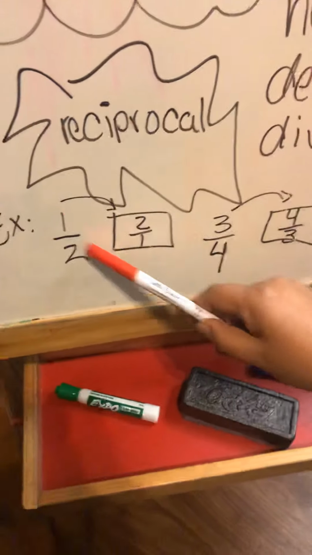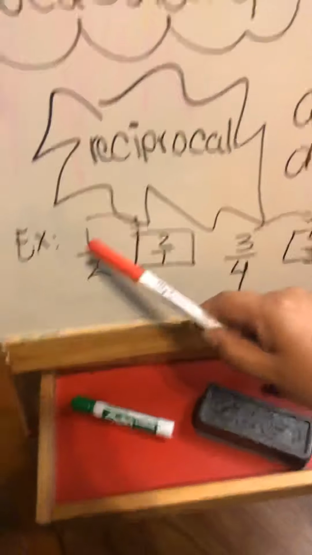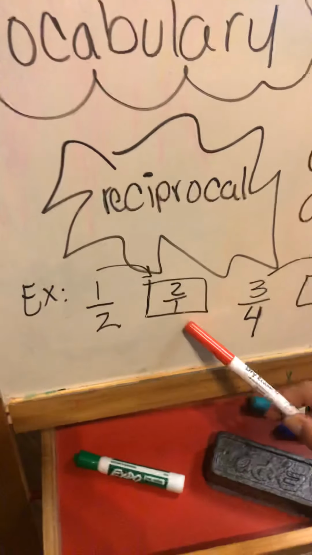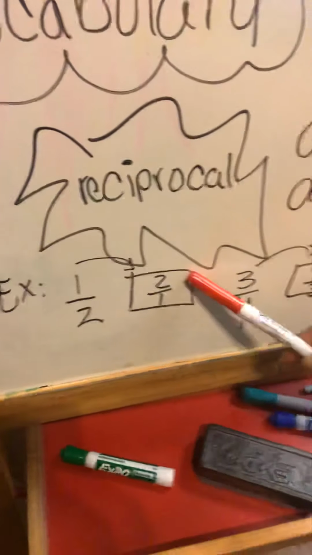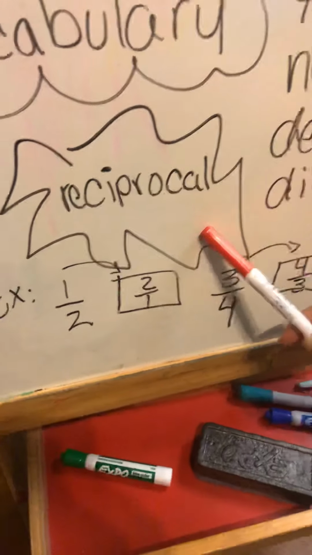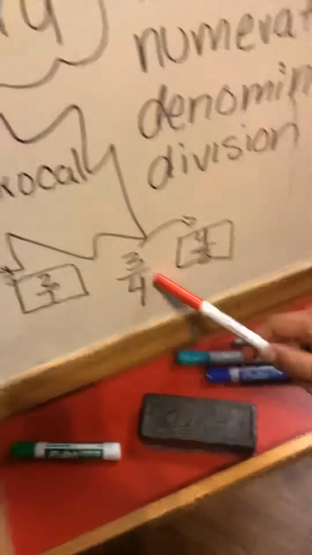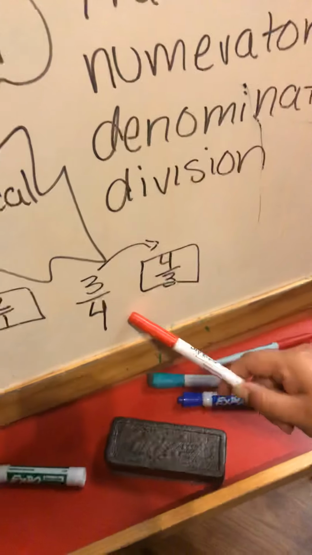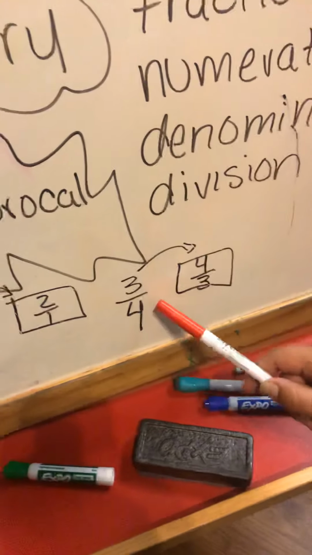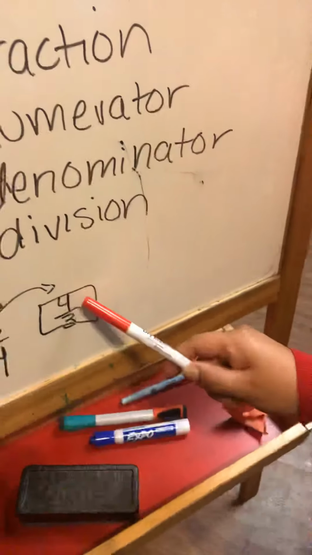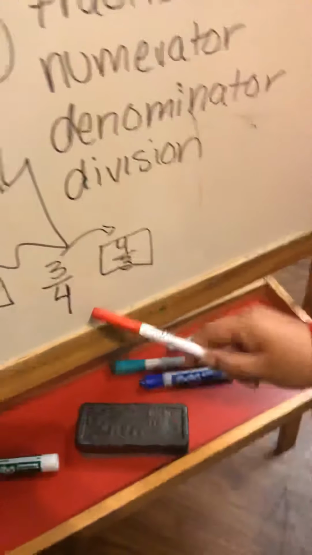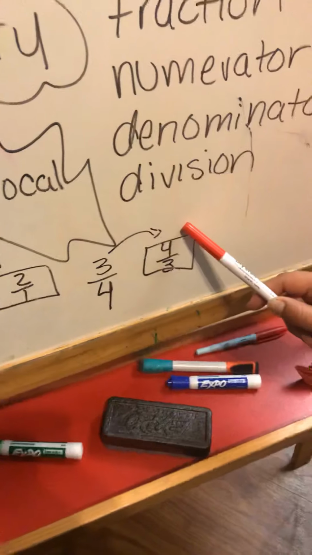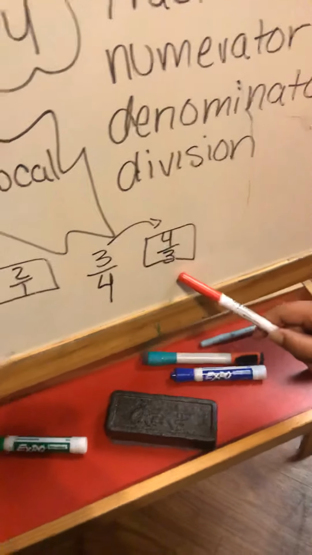These numbers just change position. My numerator becomes denominator. My denominator becomes numerator. So anytime I say reciprocal, you in your head need to know that these numbers change position. So the reciprocal of 3/4 is 4/3. My 4 becomes a numerator, my 3 becomes denominator.